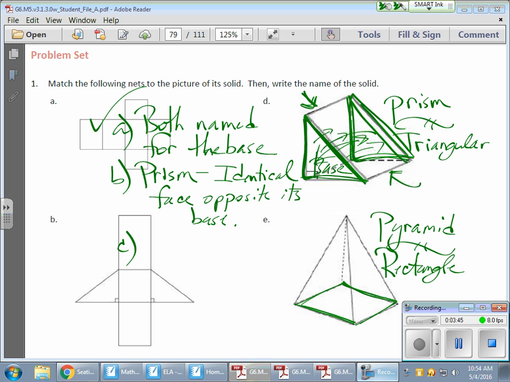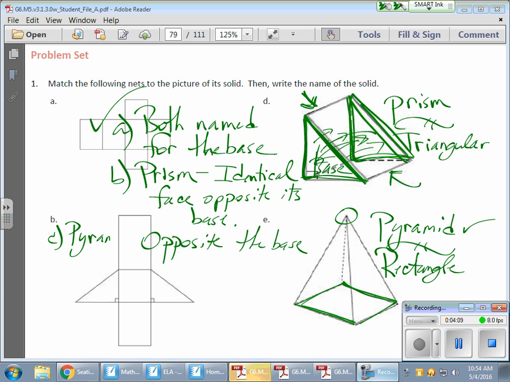And this guy, for the pyramid, you'll notice that opposite the base, everything comes to a point. So for a pyramid, opposite the base comes to a point, or a common point, depending on how you want to look at it.